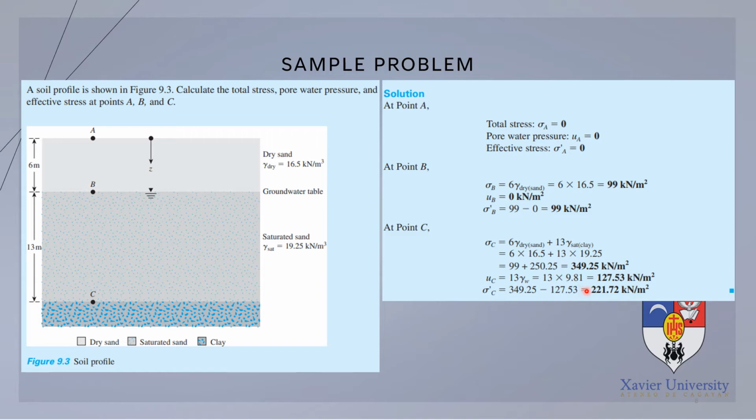We come up with a pore water pressure equal to 127.53 kilonewton per square meter. Therefore, our effective stress at point C, which is the total stress minus the pore water pressure, is 349.25 minus 127.53, equal to 221.72 kilonewton per square meter.